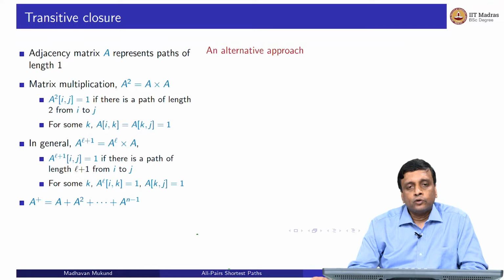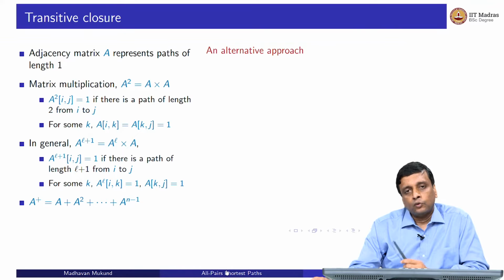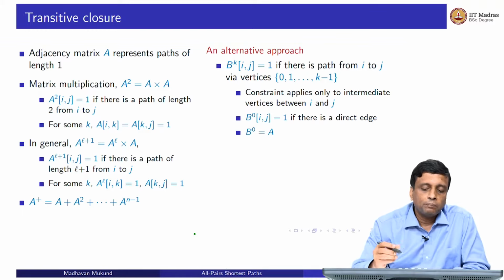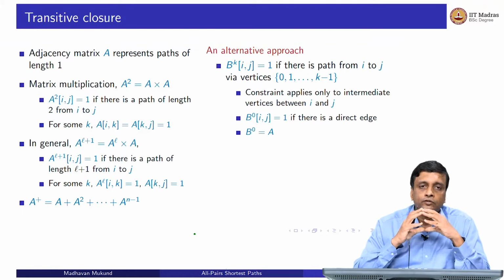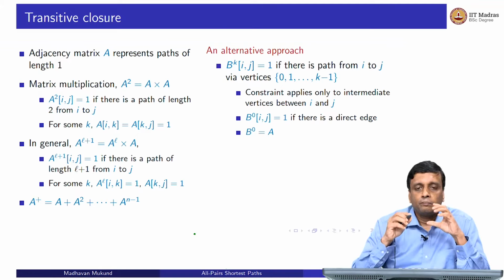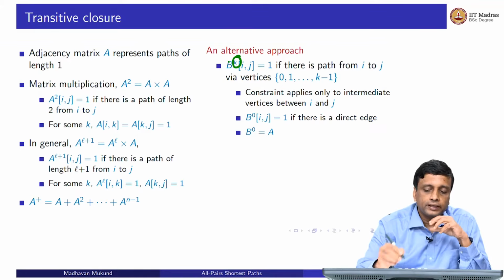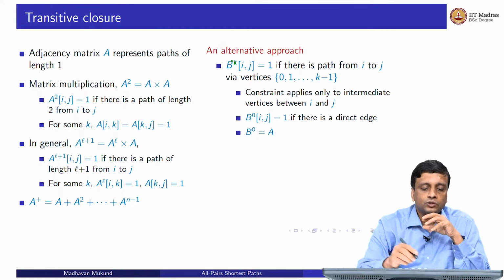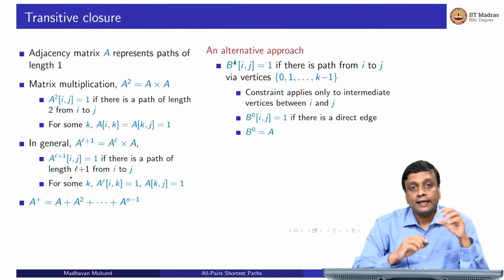So, an alternative way to do this is to actually look at how these paths evolve, right. So, we look at paths through a limited set of vertices. So, we say that B superscript k, right. So, the superscript indicates that I am going from i to j. So, here I was talking about the length of the path, right.